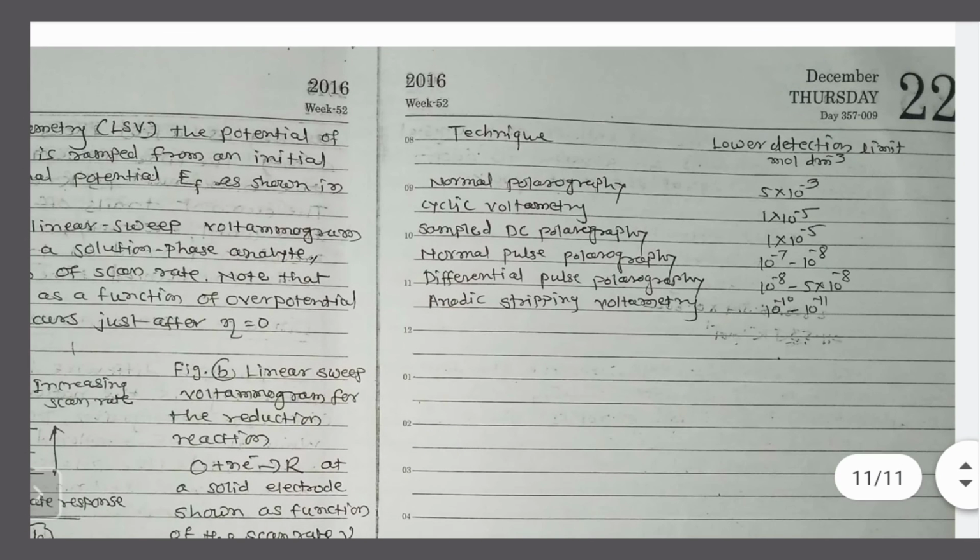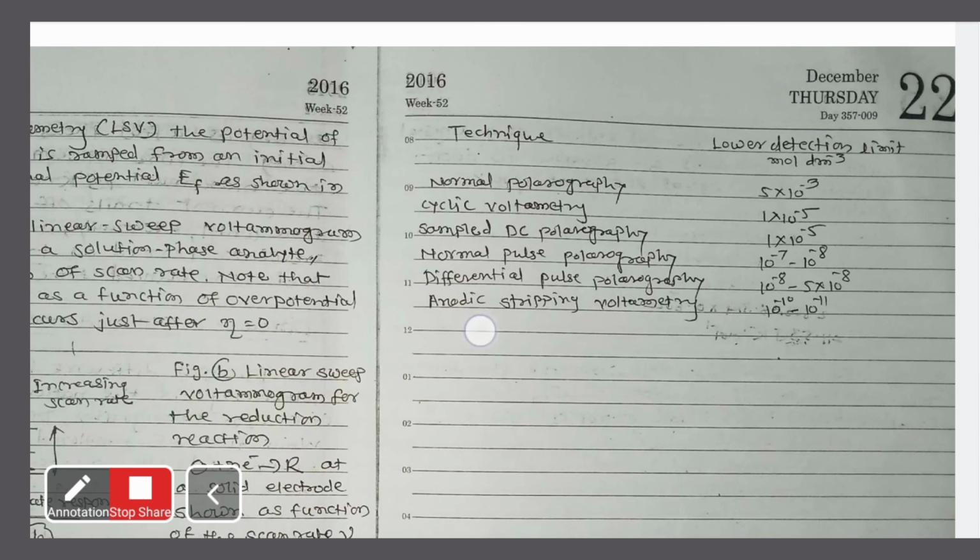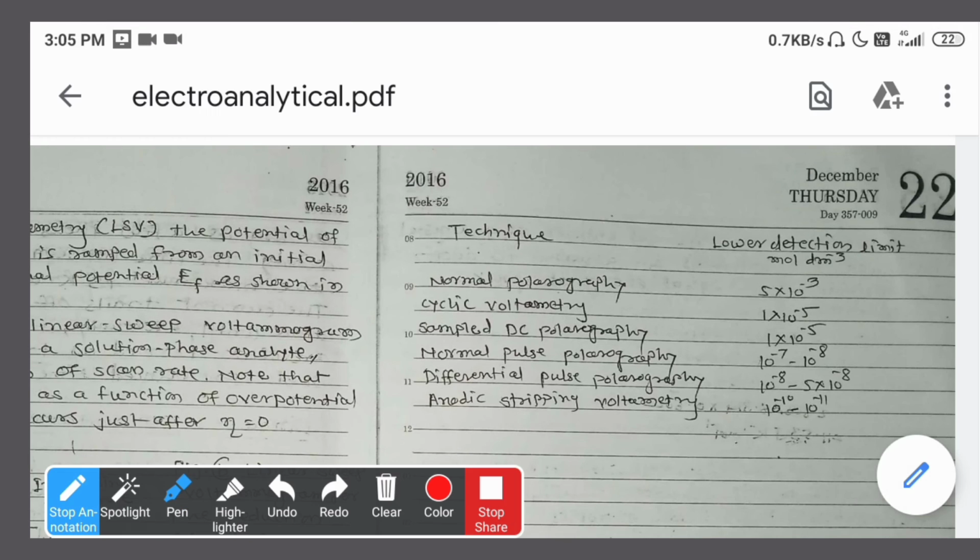This is a table where we can see the detection limits for the various techniques: normal polarography, cyclic voltammetry, sampled DC polarography, normal pulse polarography, differential pulse, and the last one, anodic stripping voltammetry.